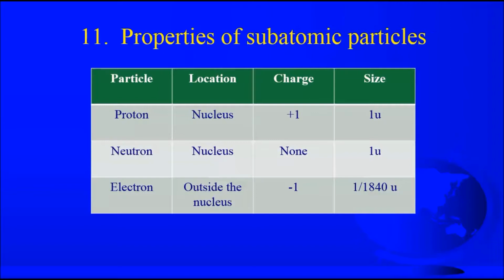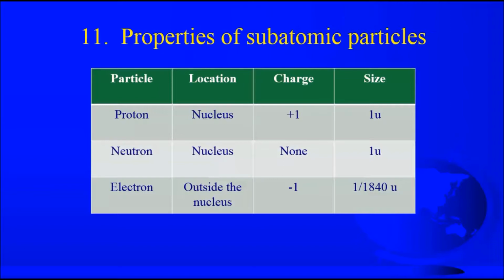So we have come up with a brand new mass unit for measuring bits of atom. And that mass unit is called atomic mass units, or U for short. So the smallest nuclear particle, the proton, has a mass of 1 unit. There are electrons, and electrons are tiny even compared to a proton.